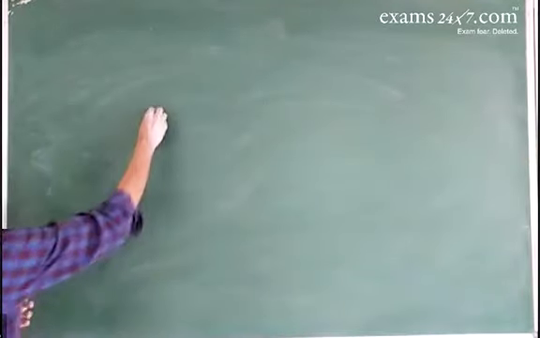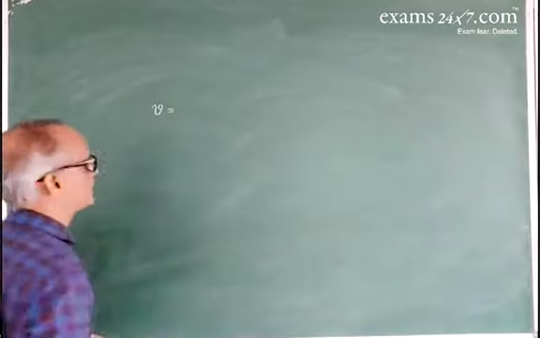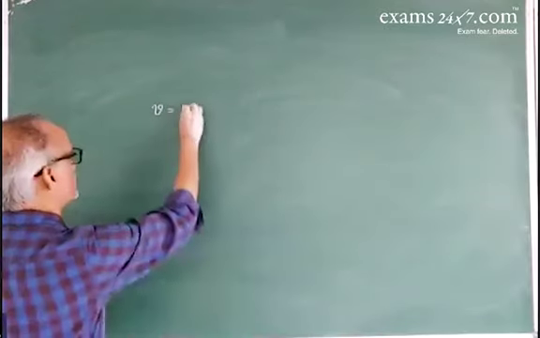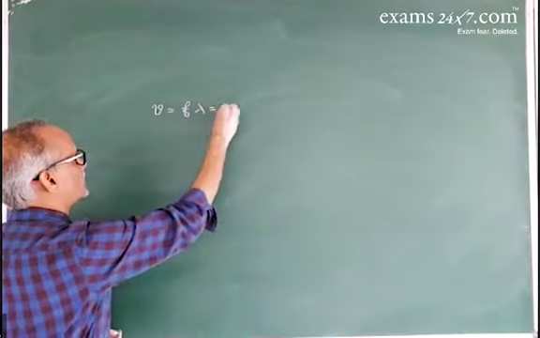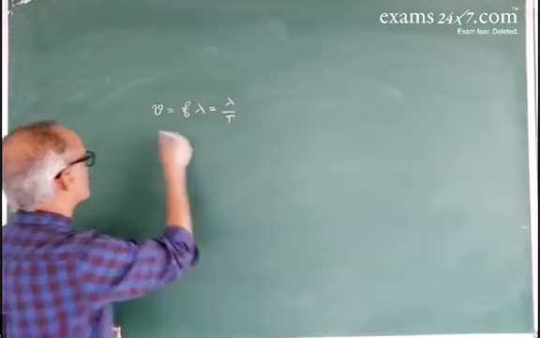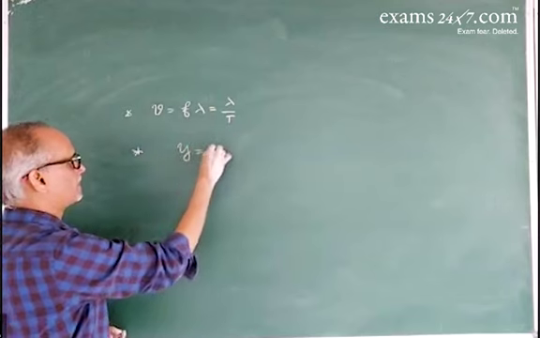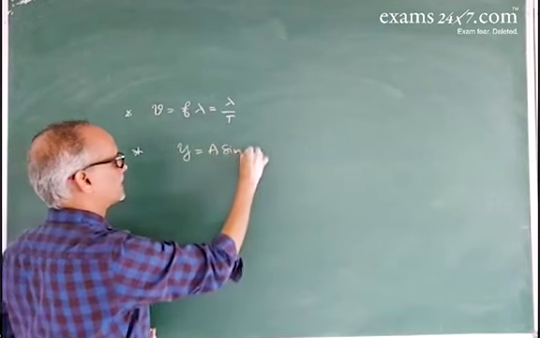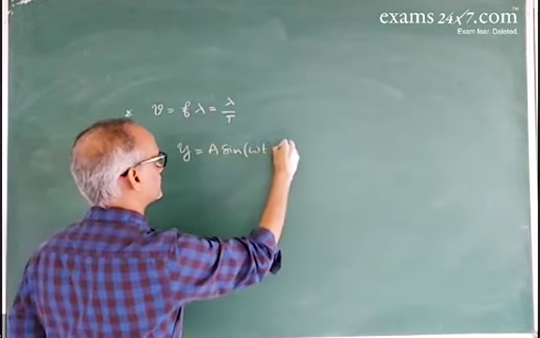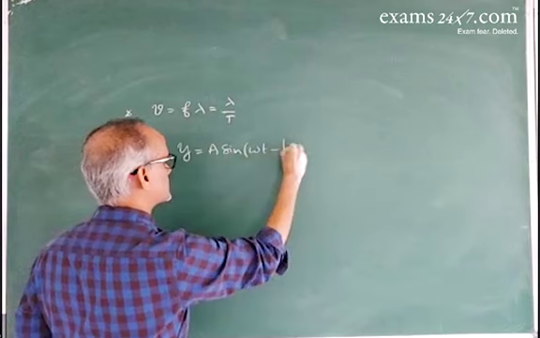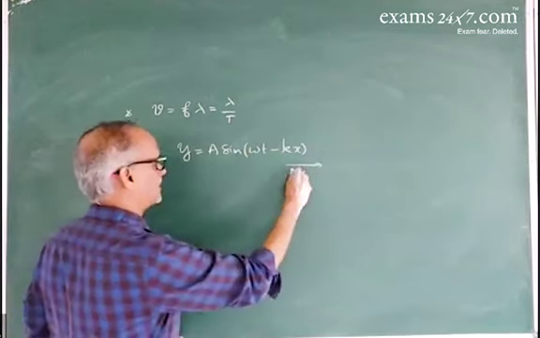In chapter waves, the basic formula for the properties of the wave is wave velocity, v is equal to f lambda, or that's equal to lambda by T. Equation for a progressive wave, y is equal to a sine omega t minus kx, if it travels along the positive x-axis.